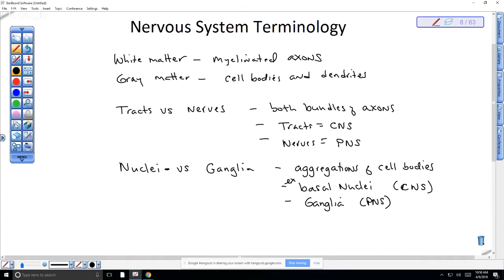So we have these ganglia that are right next to the spinal cord, and then they send the axons out to, say, for example, the blood vessels, to the heart, to the sweat glands, right? And they're aggregations of nerve cell bodies that exist out of the central nervous system, outside.